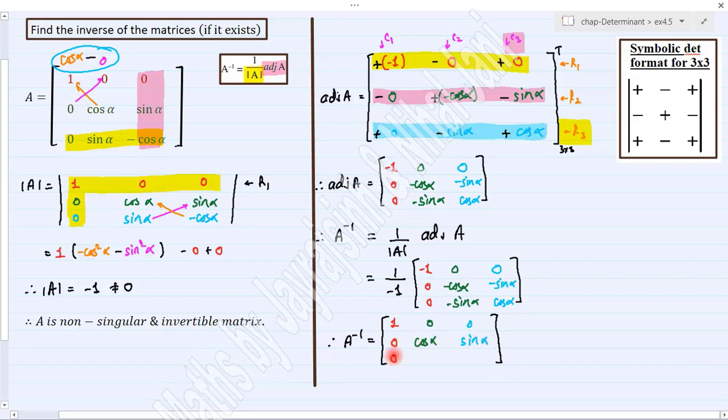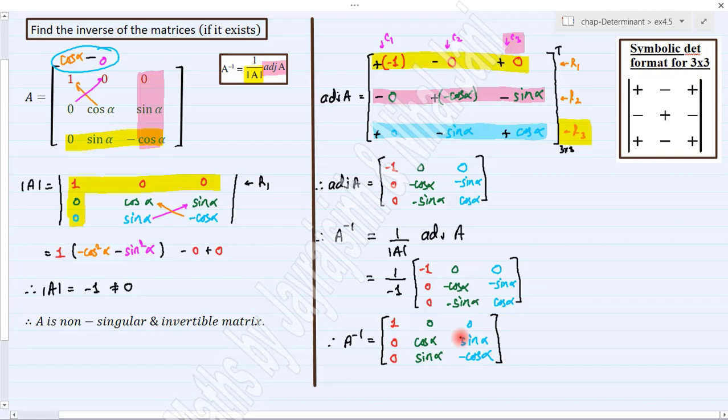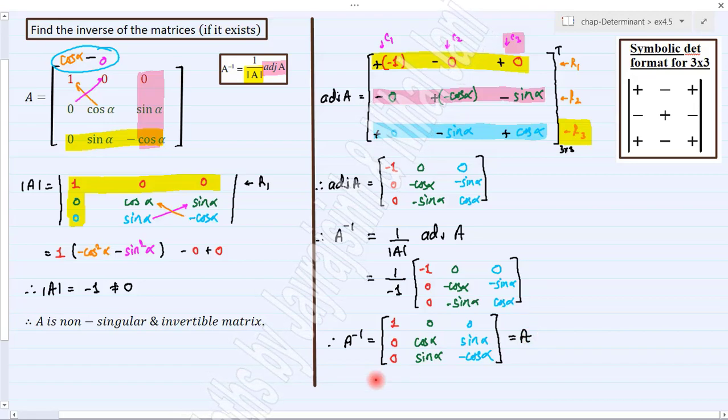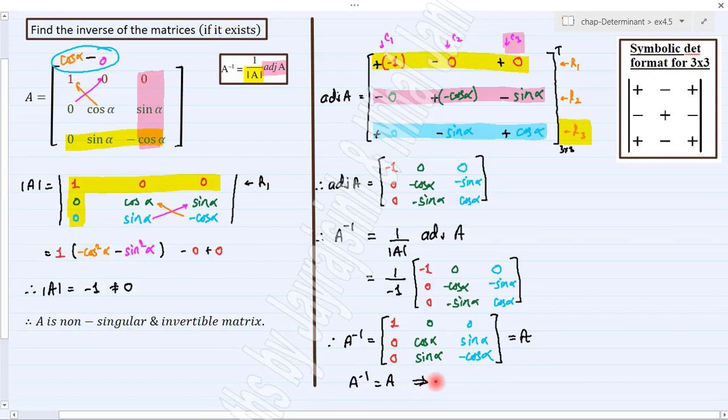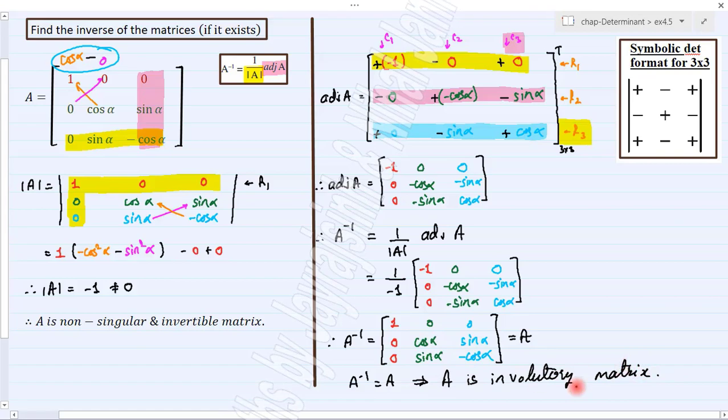So the sign of all elements will change. So we get A inverse. But if you see carefully, this is same as our given matrix. This kind of a matrix where A inverse is equal to A is known as involutory matrix. Ta-da!